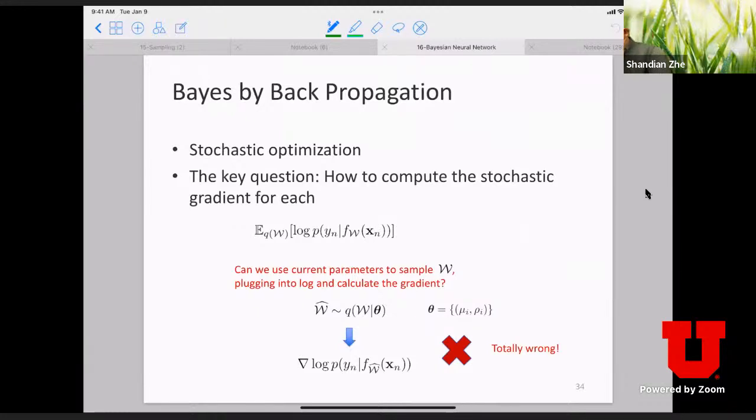To see that point, if we take a look at this particular expectation, we pick a particular training example, Xn, Yn. So this is the log likelihood of Yn given your prediction made by the neural network. You take the expectation outside. If you just sample some instance of W according to your current Q of W, and then plug in this log likelihood, and then you calculate the gradient of the log likelihood, it will simply give you 0.